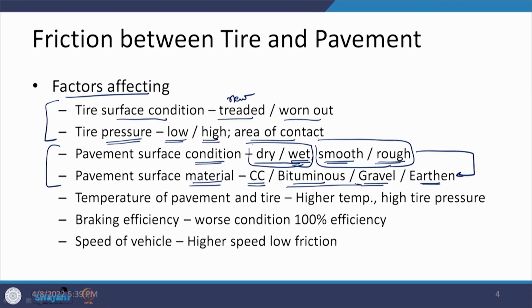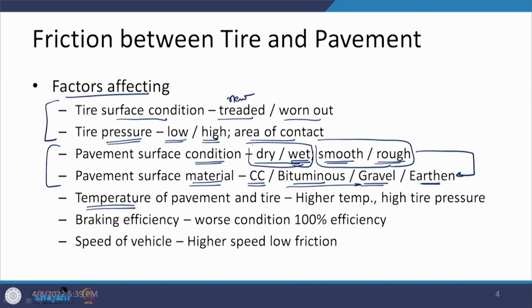So, when you move in this direction, probably the friction is going to increase, but again you have to see that there can be combinations which may cause the friction to increase further or reduce it in certain conditions.